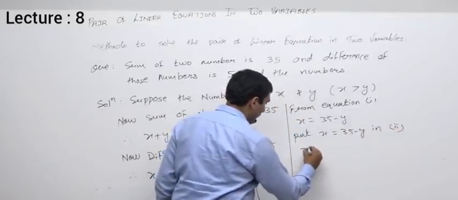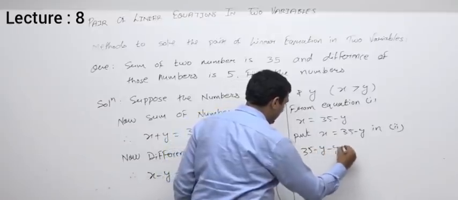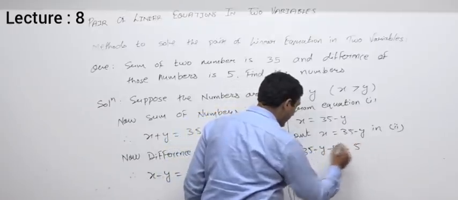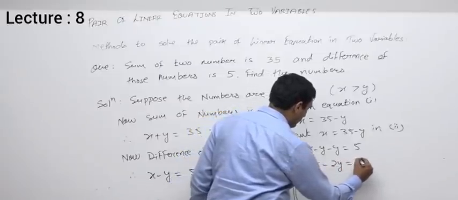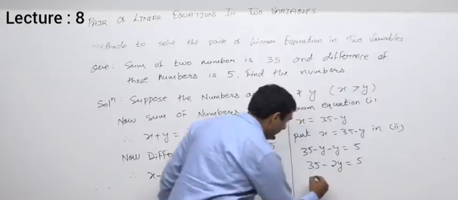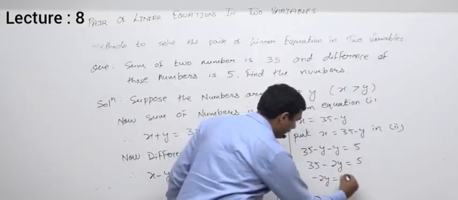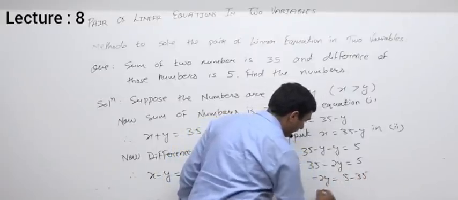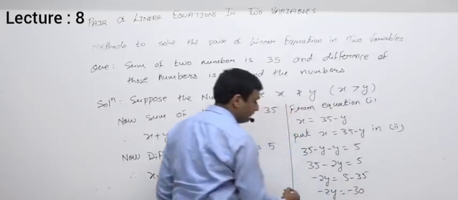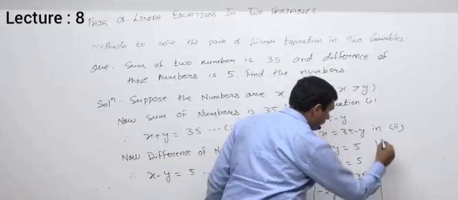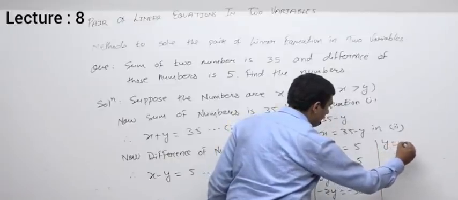So 35 minus y minus y is equal to 5. So 35 minus 2y is equal to 5. So minus 2y is equal to 5 minus 35. So minus 2y is equal to minus 30. That gives you y is equal to 15.